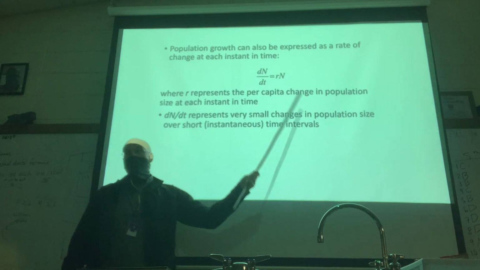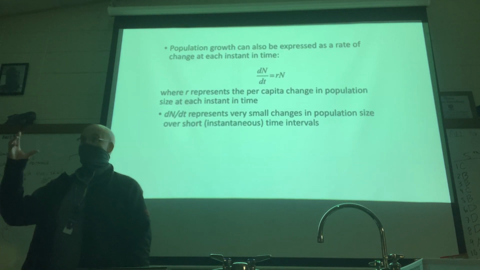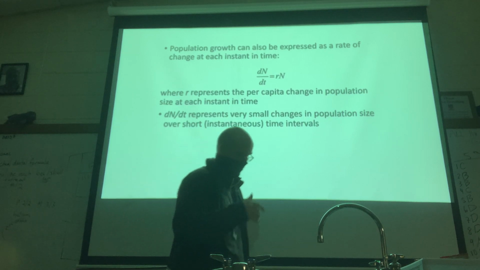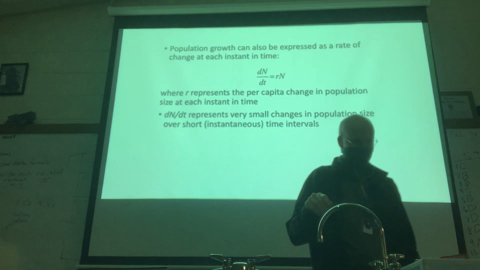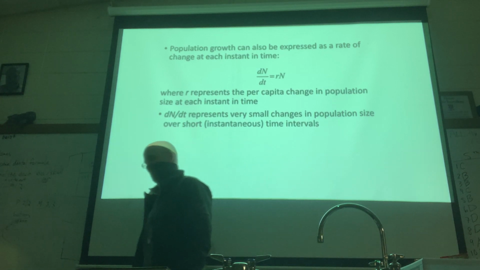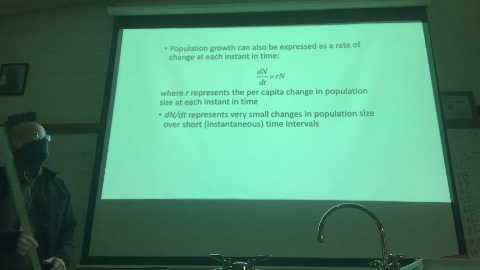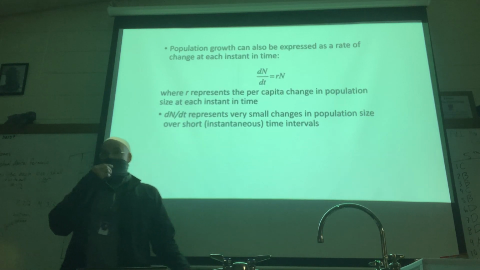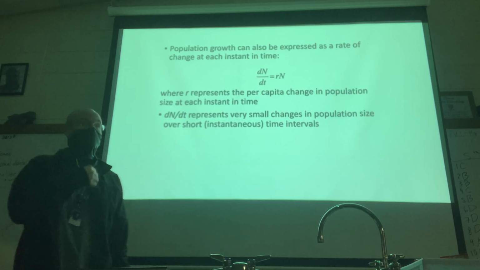Capital N refers to the overall population size. Okay? So I would at least want you at this point to start thinking about what the variables are defined as. You said what overall? Overall population size, that's population total.